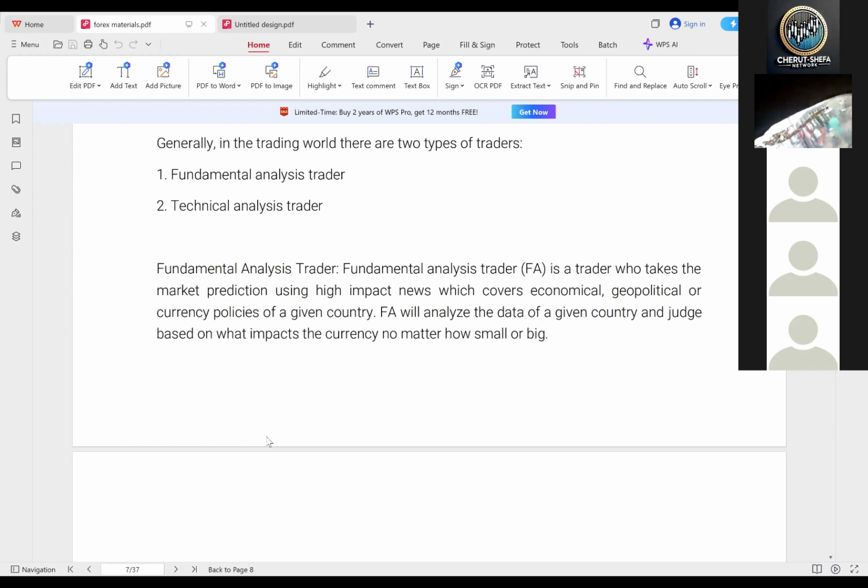So we have two major types of Forex analysis, fundamental analysis and technical analysis. And then what is fundamental analysis?